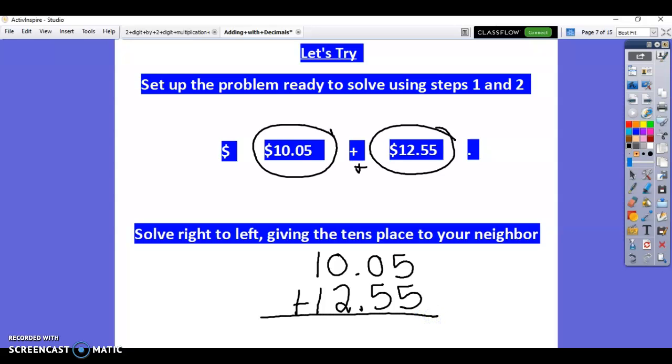So once you have those, you are adding and carrying. If you forgot to drop down your decimal or add your dollar signs, make sure that you do that. So pause the video here and make sure that you have that done correctly.